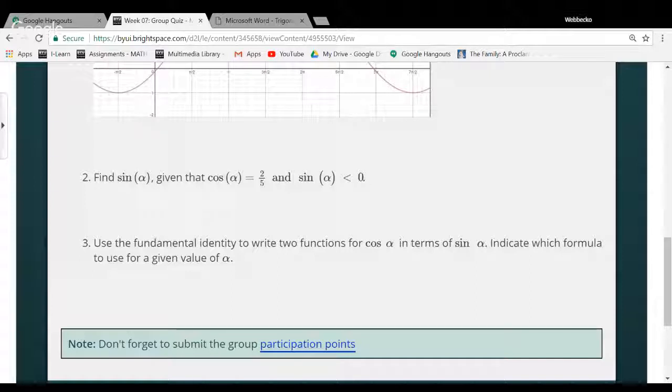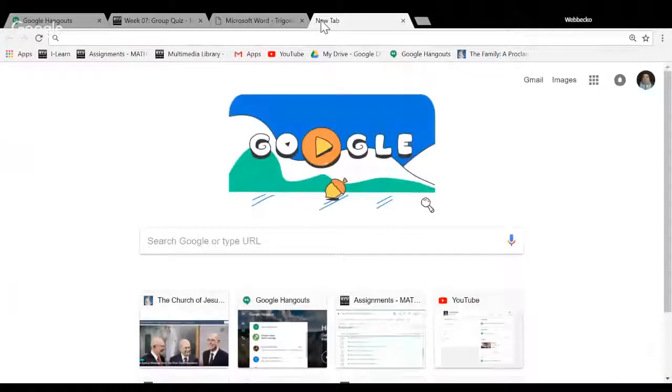No, you just have to go like cosine 30 squared plus sine 60 squared equals 1, whatever the equation was. I don't remember. Let me see.